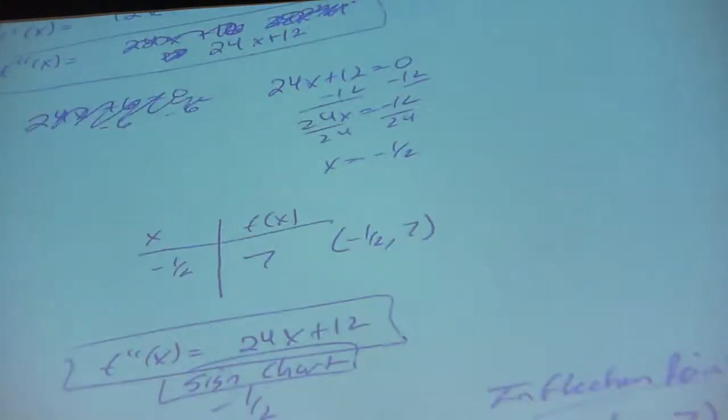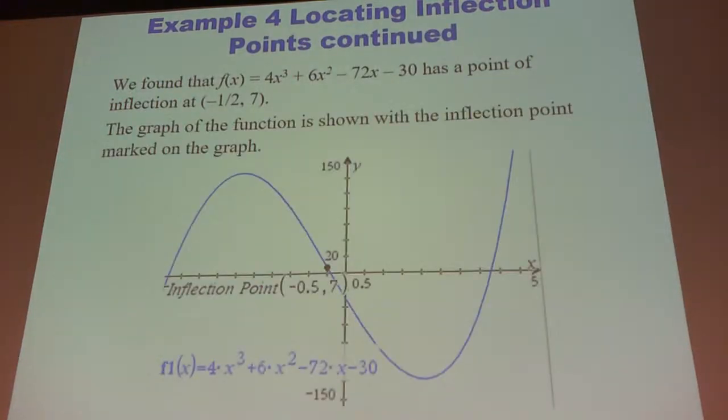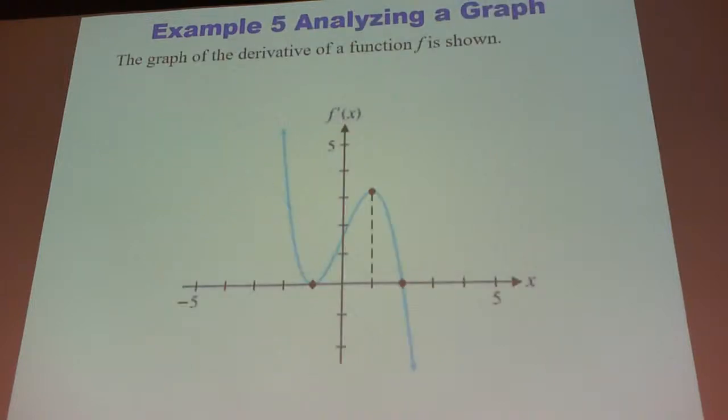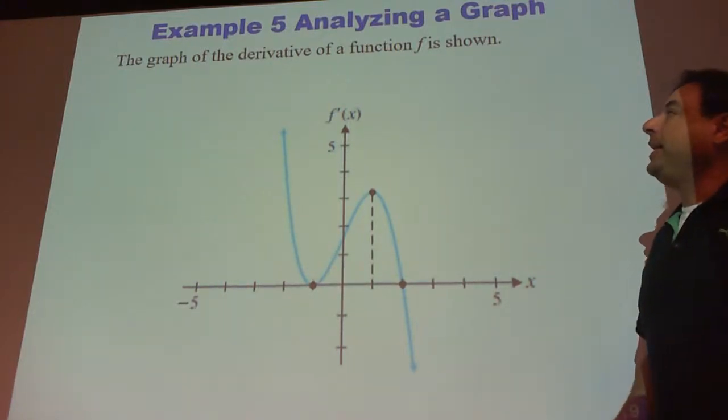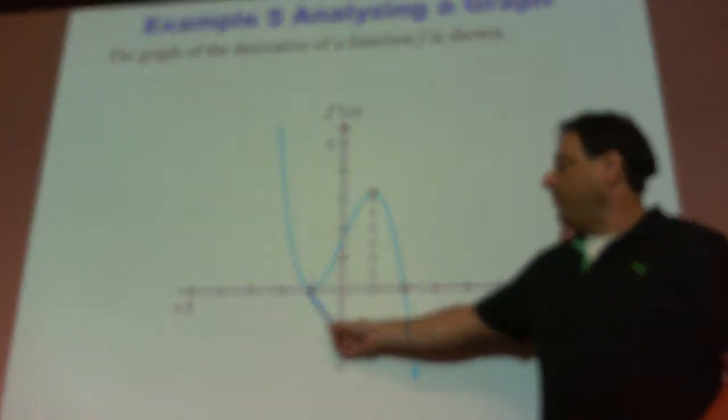So again, take the second derivative, set equal to 0, solve, you get that negative a half, you can make the sign chart, and you can verify with the original graph that there's an inflection point changing from concave down to concave up. And if I just give you a graph, you can see by looking at the graph that we have a local min at negative 1, 0.